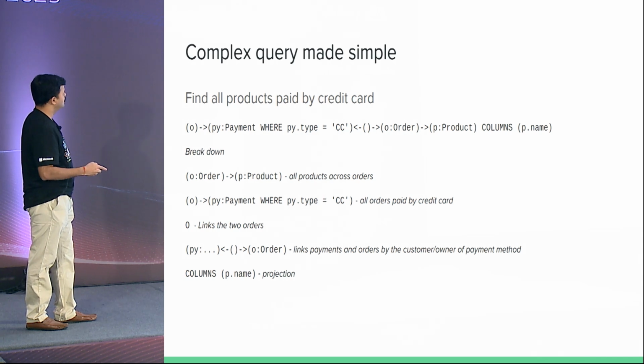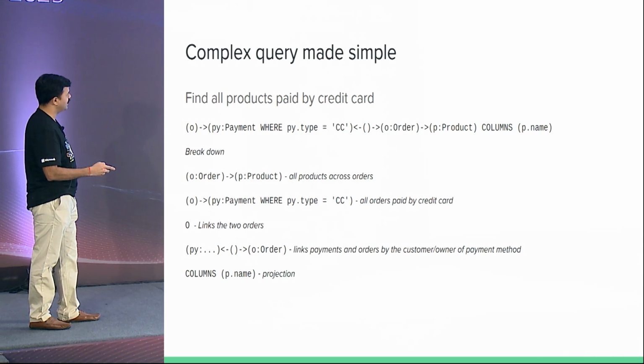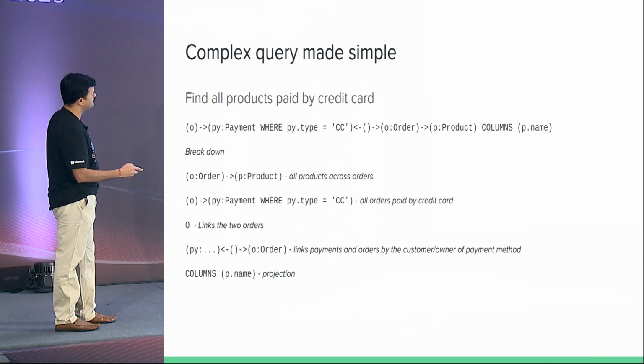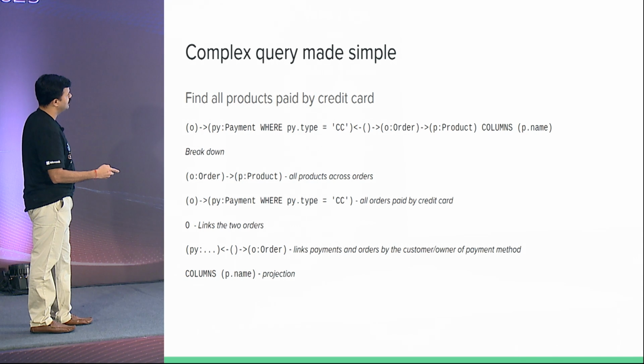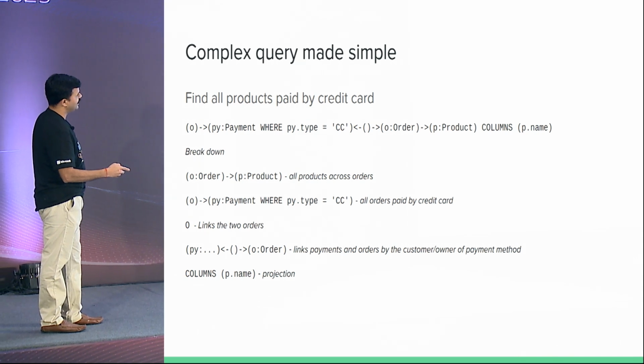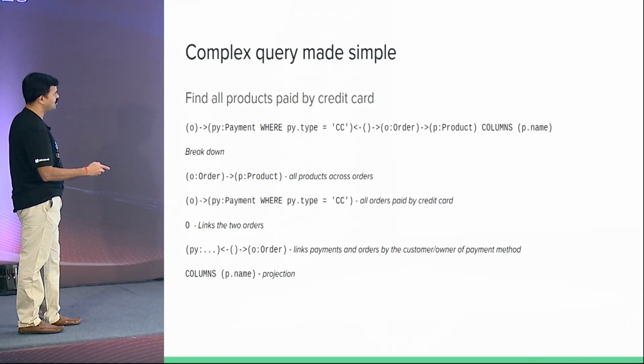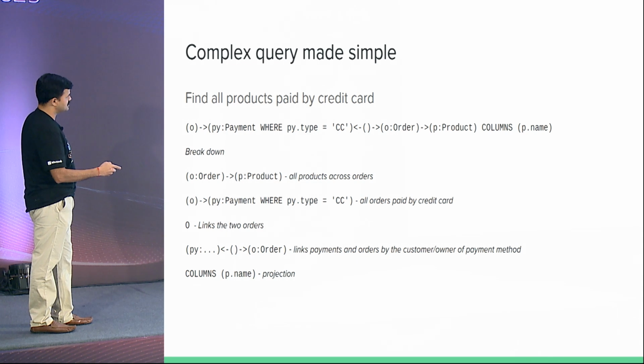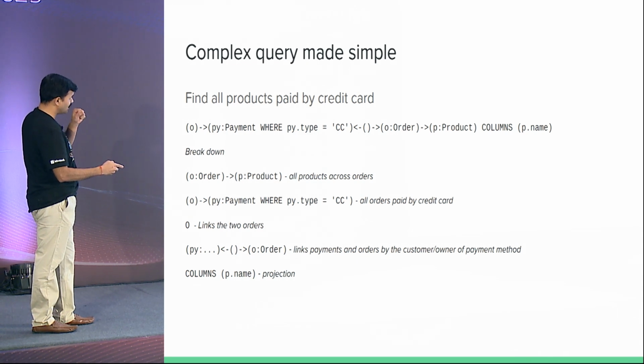Instead, all you have to do is write this single line where you say that we start from this part where we connect orders with the product. We find all the products in all the orders. Then connect it to the payments here.